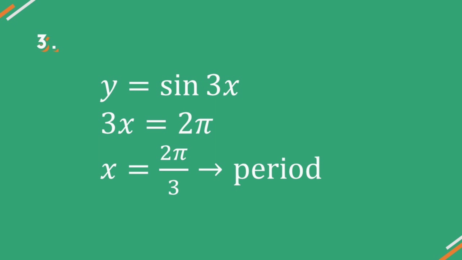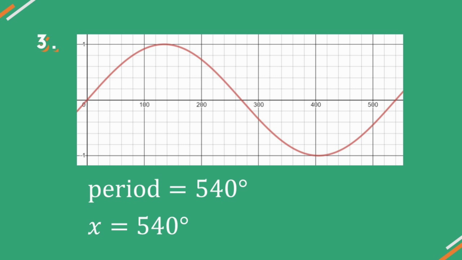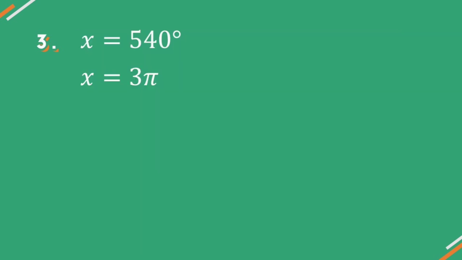For example, if you find out that the period of a sine function is 540 degrees, try to change it into radian first. It equals 3 pi. The equation will be x equals 3 pi. So your duty right now is to try to make the right hand side become 2 pi.